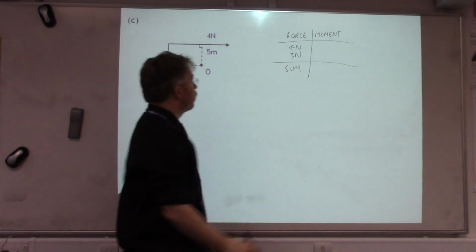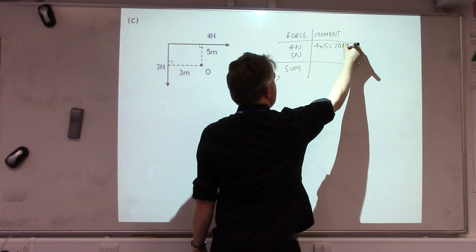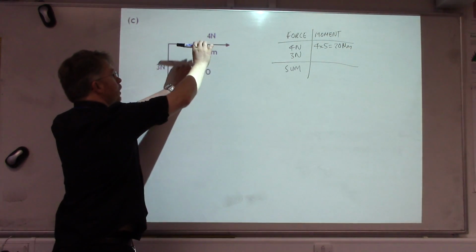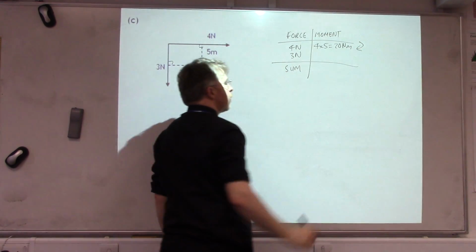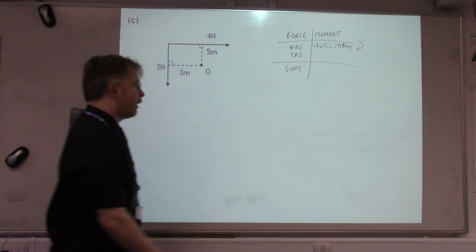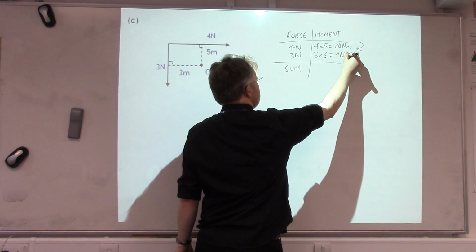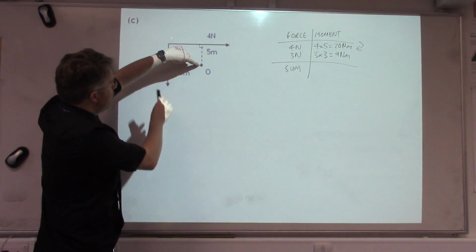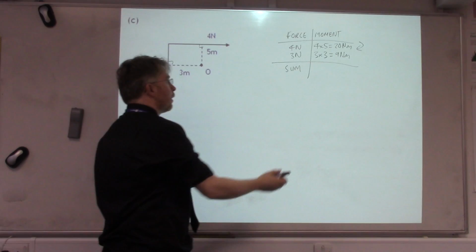So 4 times 5 is 20. And it would spin in a clockwise direction. The 3 is 3 metres away, so 3 times 3 is 9. But in this case, it would spin in an anti-clockwise direction.